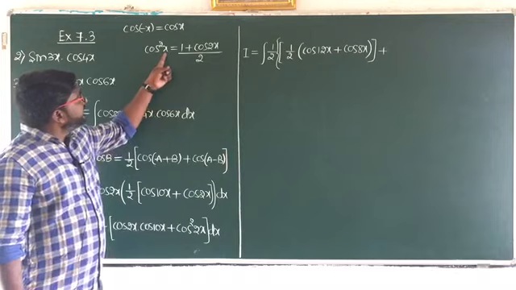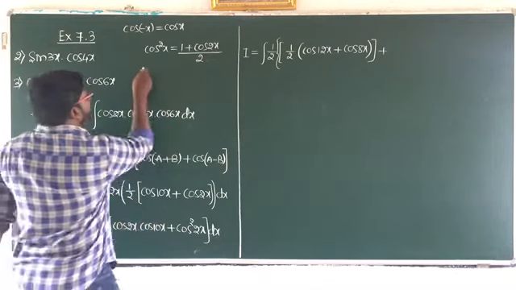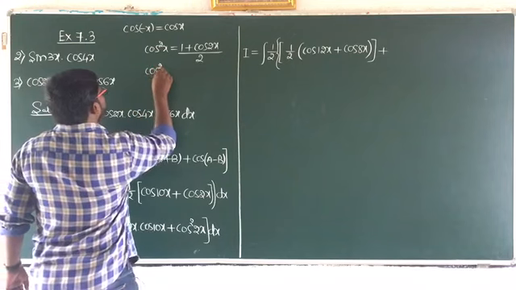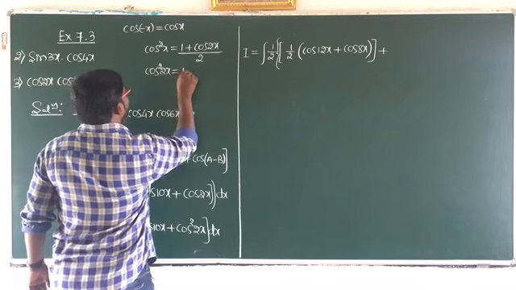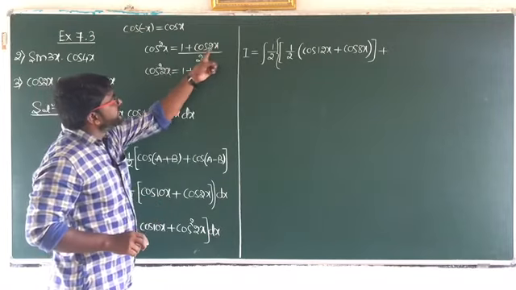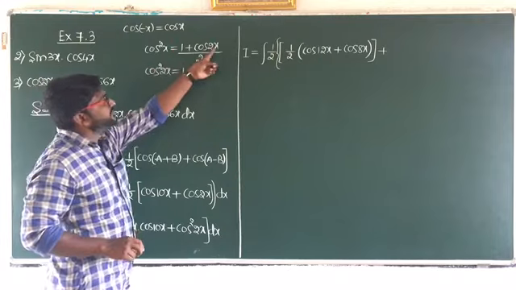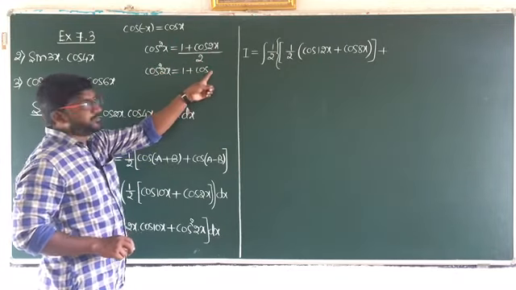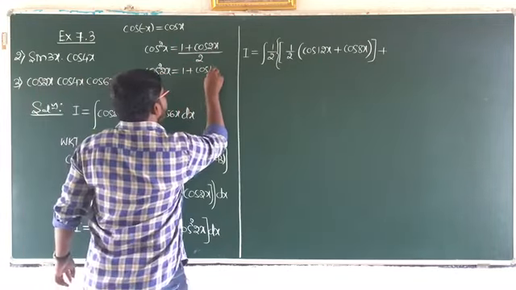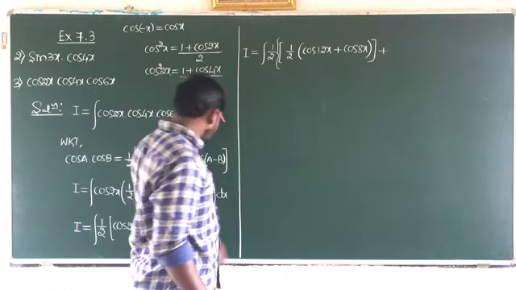So now if there is x, we have 2x. Now we have cos square 2x, which is equals to 1 plus cos. So in place of x I have to write 2x. That means double of this. If it is x here, it is 2x. If it is 2x, it has to be 4x. 1 plus cos 4x divided by 2. So this we have to write now.